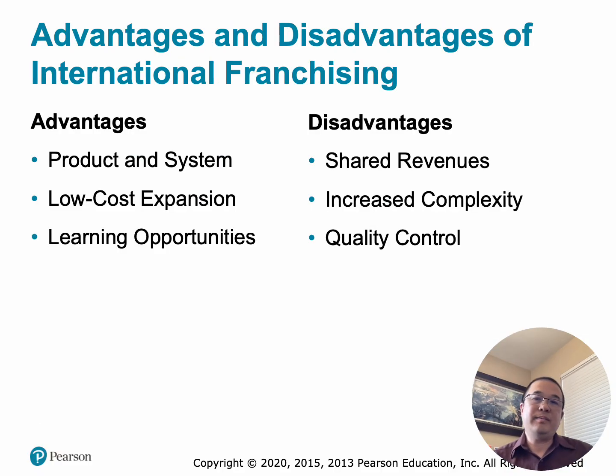So this summarizes the major advantages and disadvantages of international franchising as a method of expanding into foreign markets. Advantages of international franchising. Number one, product and system. A franchise doesn't just sell a product, it provides an entire proven business system.